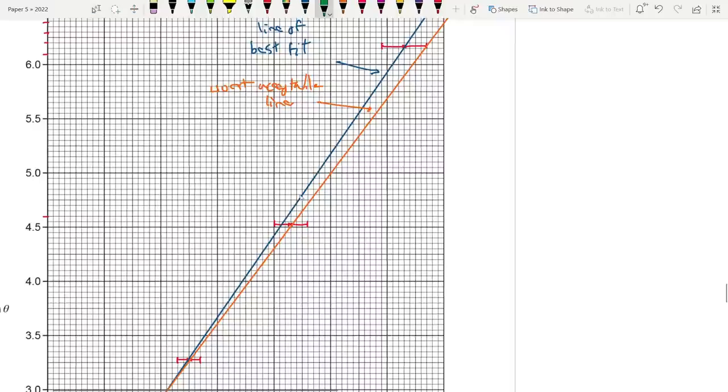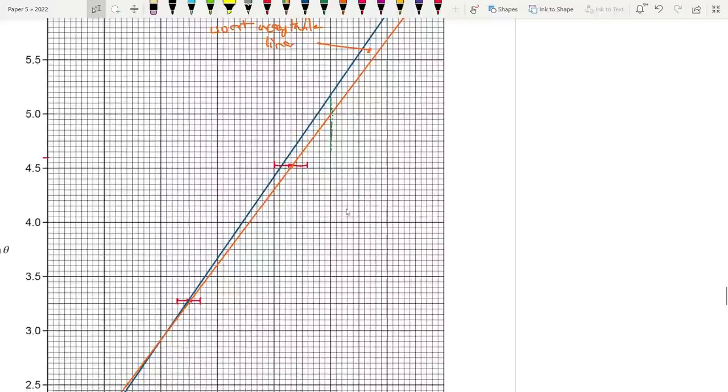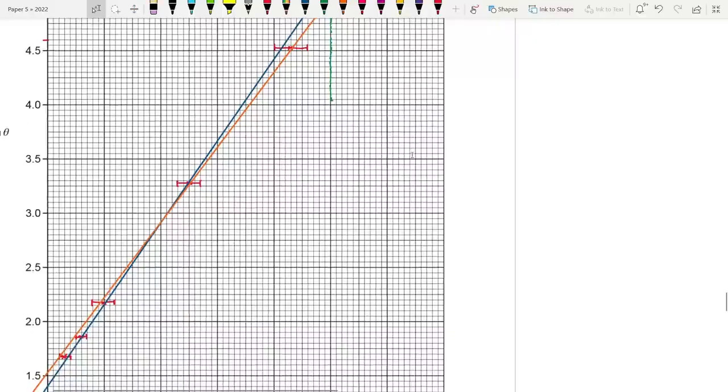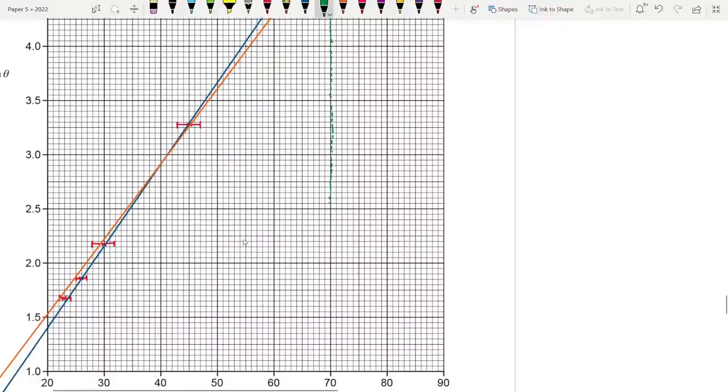So I'm going to go for this one. Do not write the coordinates down on the graph, okay? Don't make that mistake. And here, what about this? This looks perfect. This is our triangle.